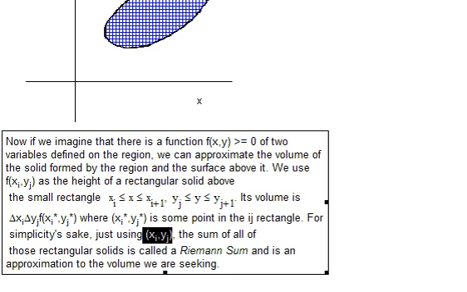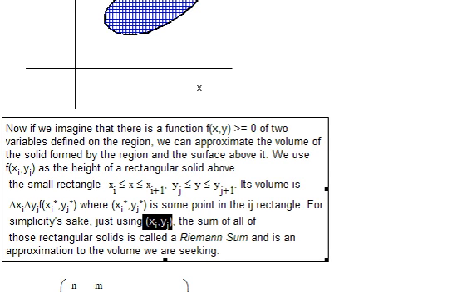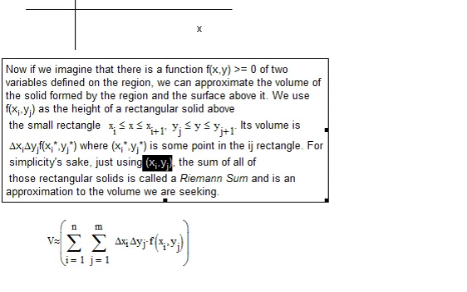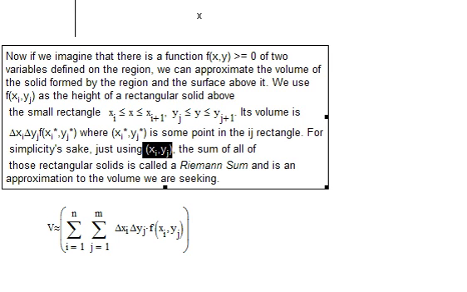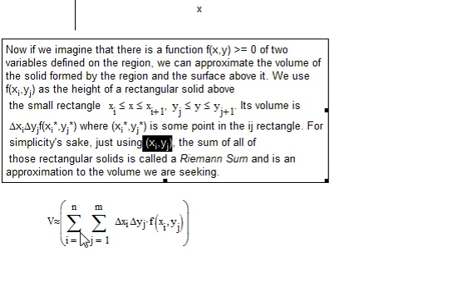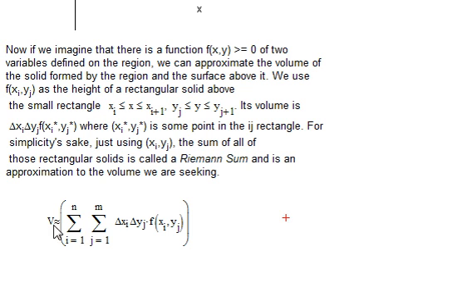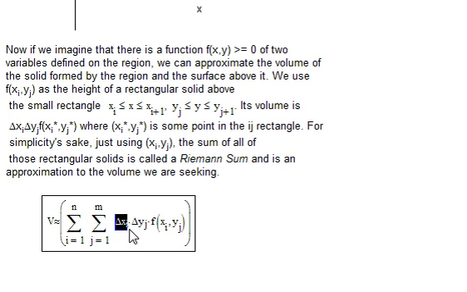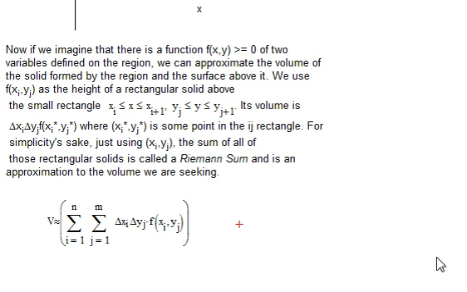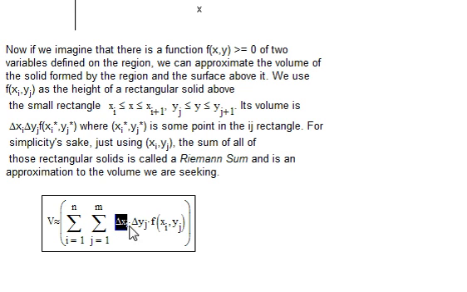Now it's a Riemann sum of a function of two variables, and is an approximation to the volume we are looking for. So it is this double sum, right here it is. The volume is approximately equal to the sum of those delta x_i times delta y_j times f of x_i star, y_j star, meaning the height of the box above this particular rectangle, where this is the base of the rectangular solid.